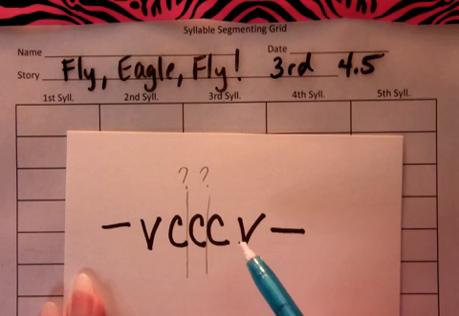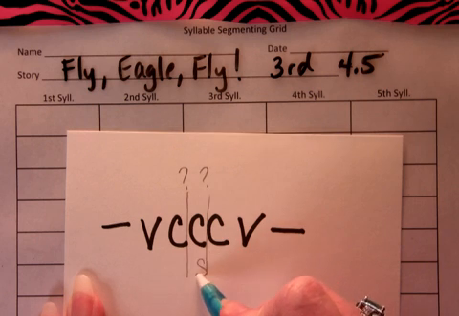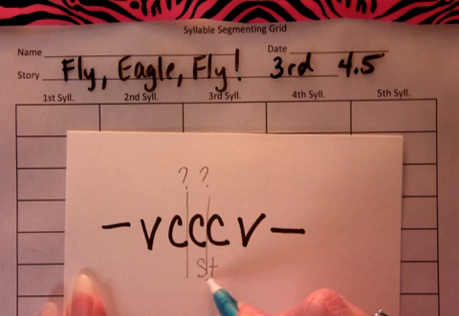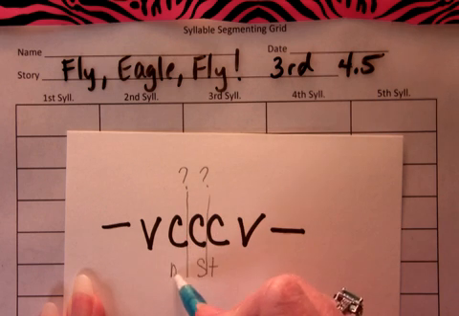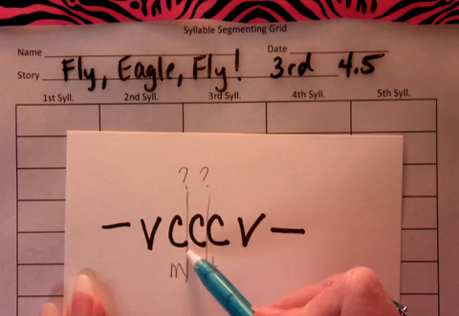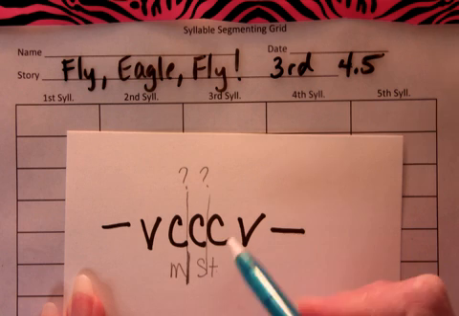If it's a word that has an ST, where ST is usually together as a blend, you would keep those together and split it here. Let's say it's an M. You would split it here to keep the letters that are usually together, together.